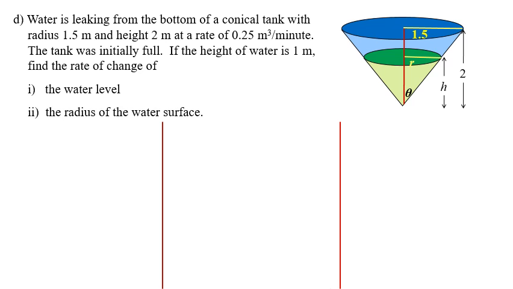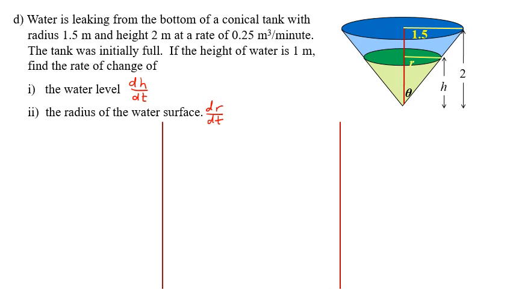So originally the size of the tank is radius 1.5, height is 2 meters, and the rate of leaking out water is 0.25. The situation is when h equals 1, find the rate of change. The rate of change of water level here actually refers to dH/dt. And below here, the rate of change of radius of water surface actually represents dr/dt. Okay, so this is what the question asks.